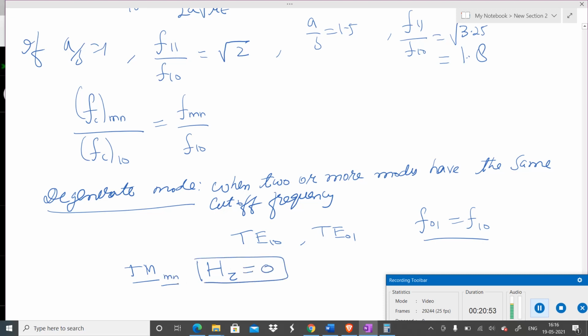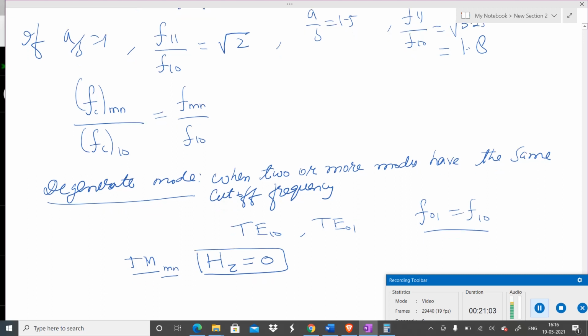So the analysis will be exactly the same. The equations will be almost similar. There will be a difference of sine and cosine. That is the main difference in TM mode. You will have the Ez wave equation, which you will get first. That will be of similar form: E0z sine of m pi x by a, cosine of n pi y by b, e to the power minus j beta z.